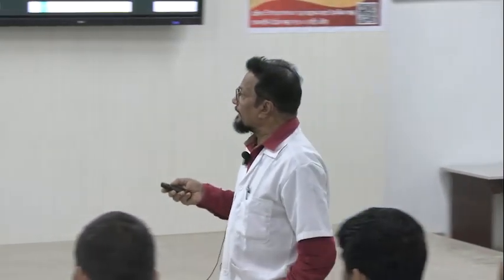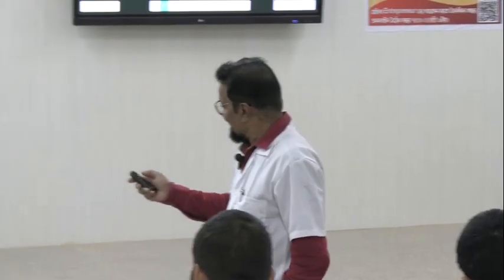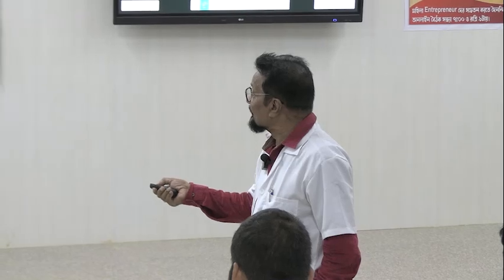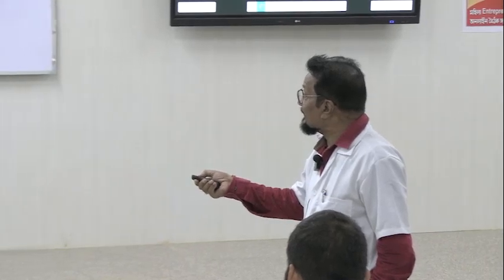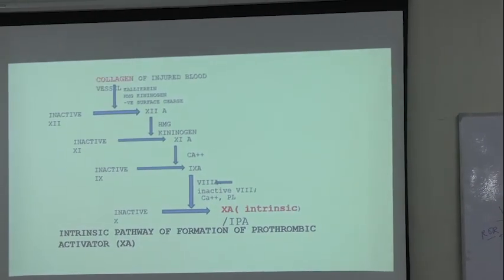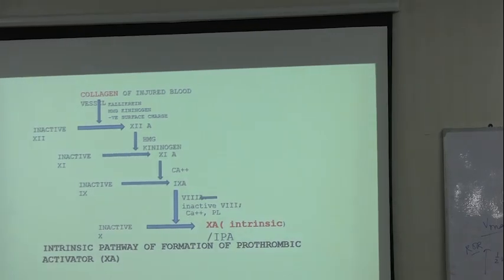So next, what will happen? Now this will be produced. How? This enzyme will convert inactive 10 into active 10A. What is the name of this inactive one? Stewart factor.